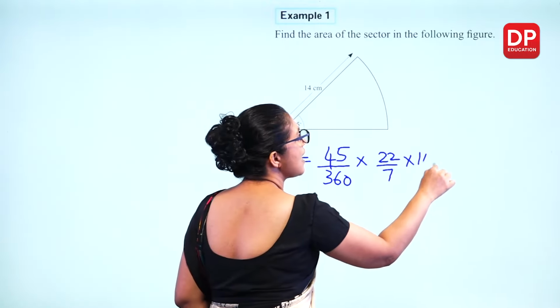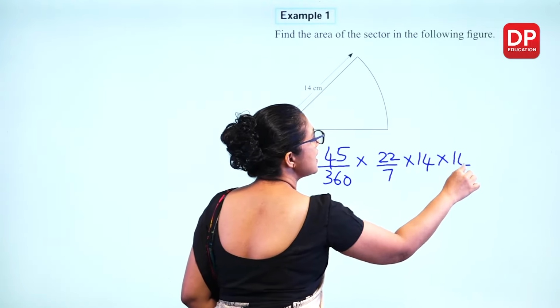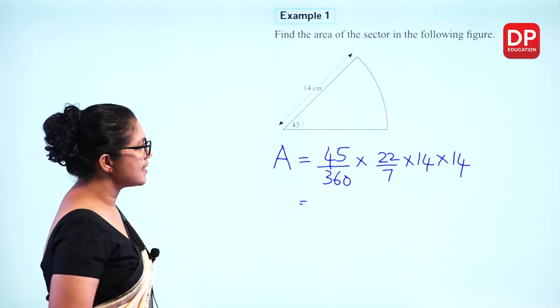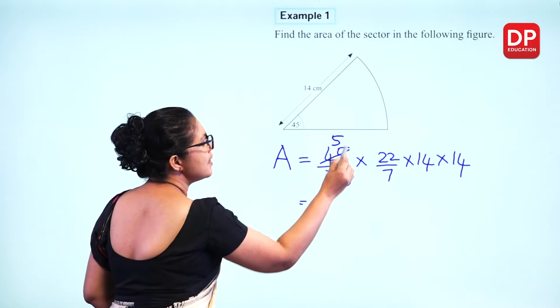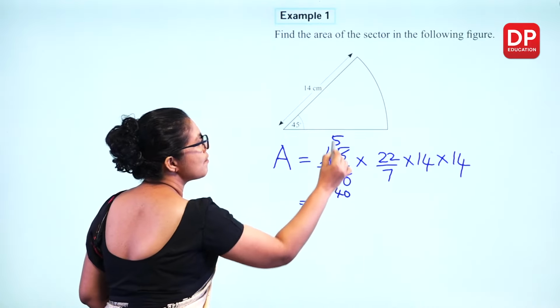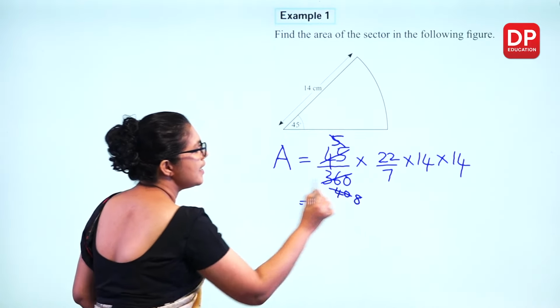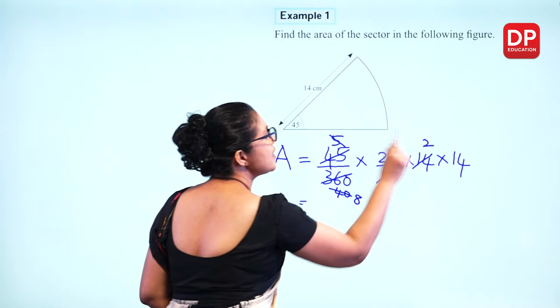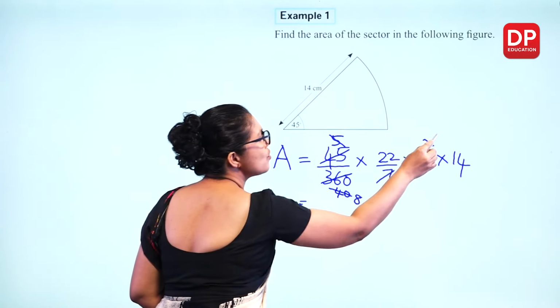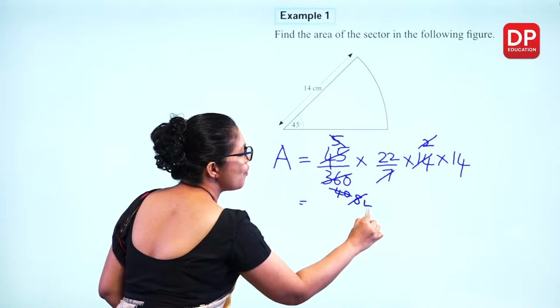So 14 times 14. Now we'll try to simplify this. We can divide by 9. 9 times 5, 9 times 40. 5 times this one, 8. Here this 7 and this 14 you get 2. And this 2 and this 8 you get 4.